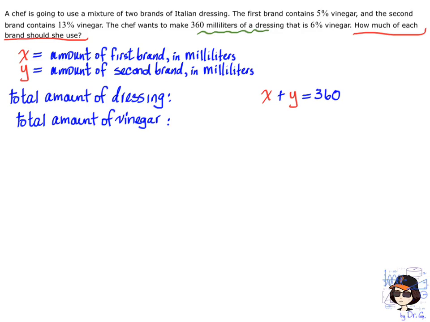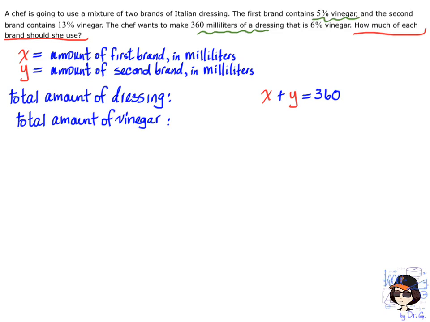Okay, so that's an equation that expresses the total amount of dressing. So the second equation is going to just talk about the total amount of vinegar. So how much vinegar is in the first brand? Well, the first brand is 5% vinegar.